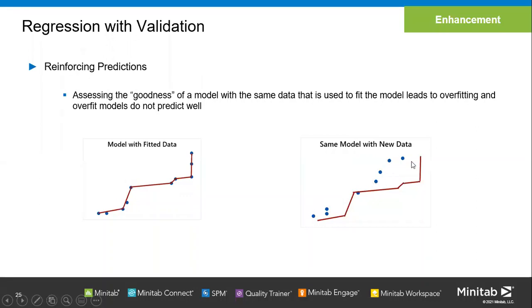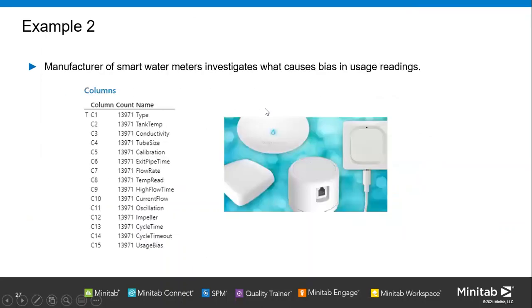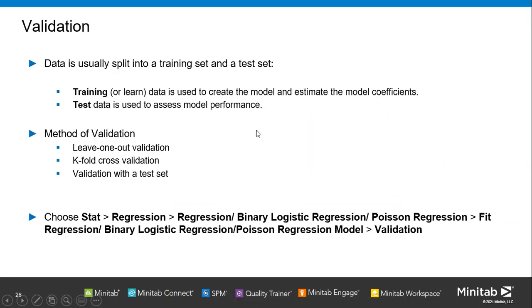To avoid this kind of issue, statisticians came out with what we call validation. So what is validation actually? Validation is when you split your data set into a train data set and a test data set.